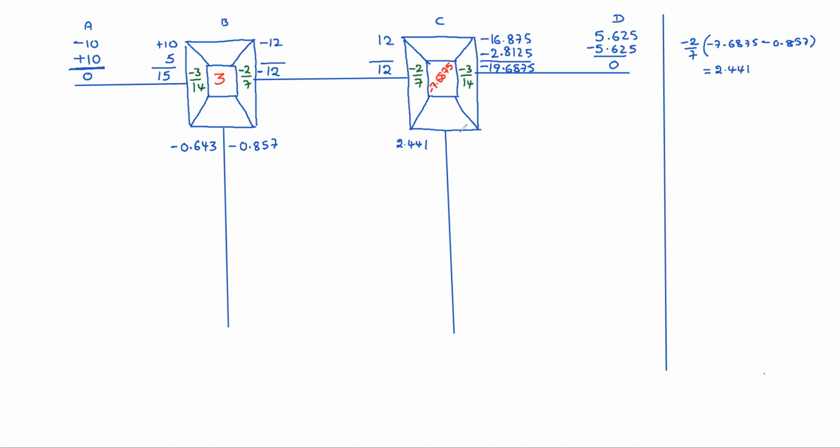Similarly, for CD span: minus 3 by 14 into the sum of the fixed moments, minus 7.6875, plus the foreign contribution from D, which is nothing, 0. So this is equal to plus 1.647.